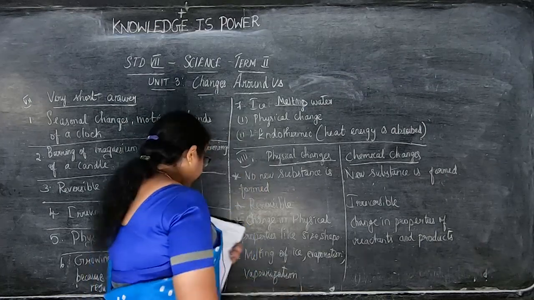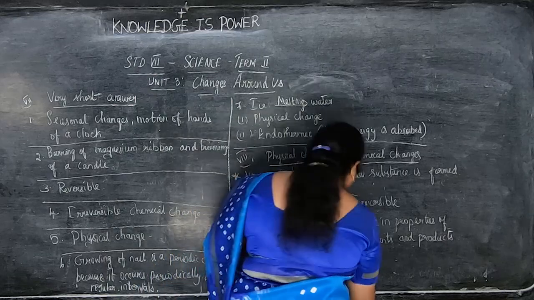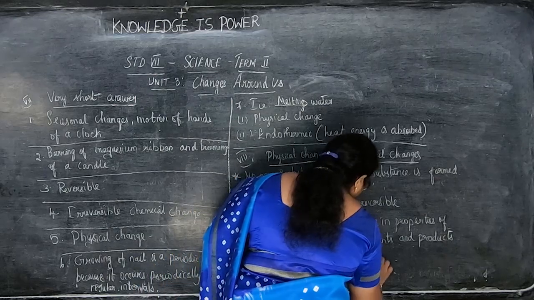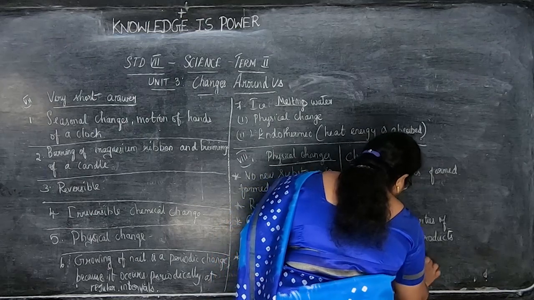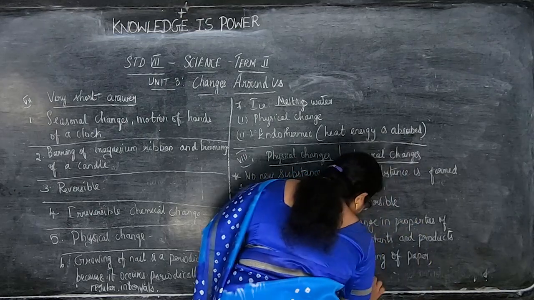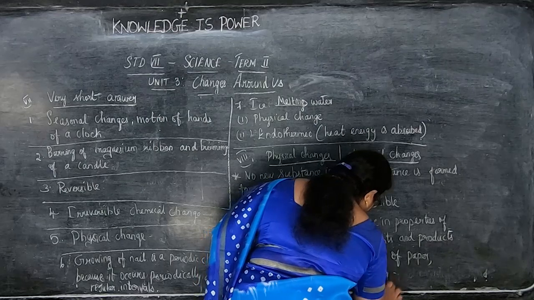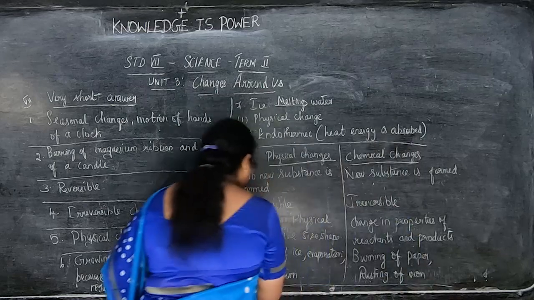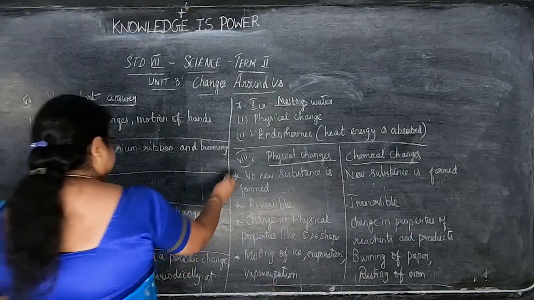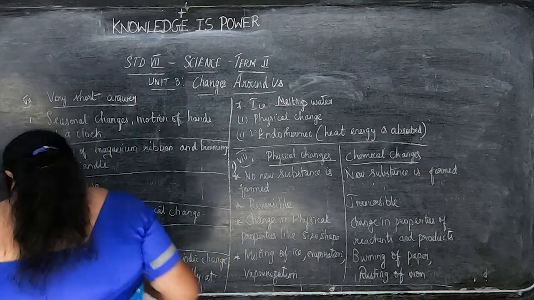For chemical changes: burning of paper, rusting of iron. Okay, this is the first answer. Then the second one.